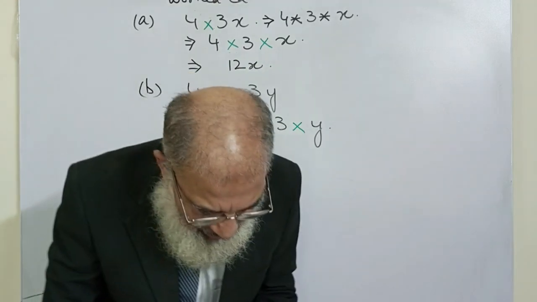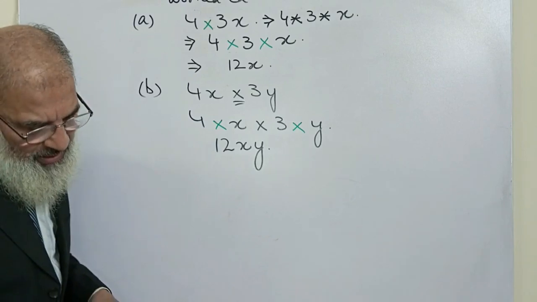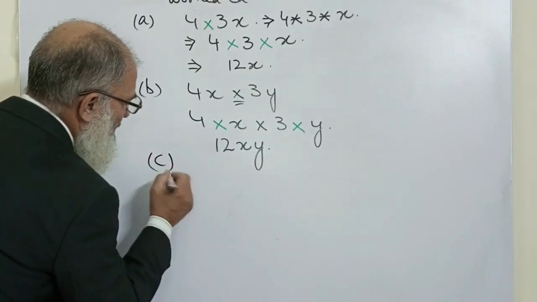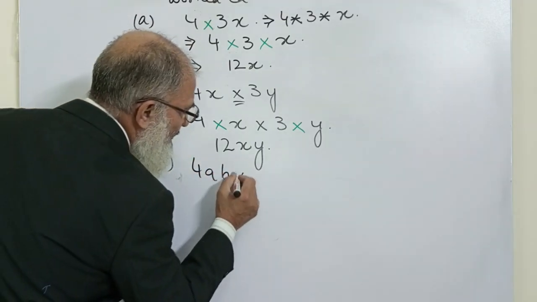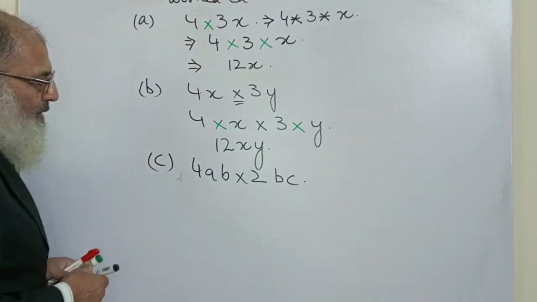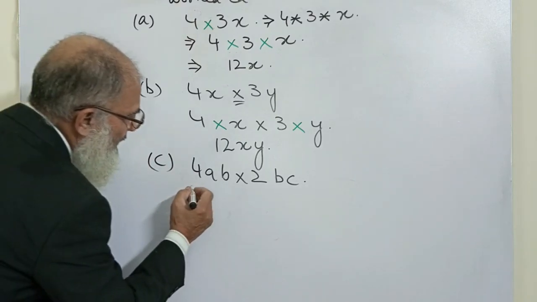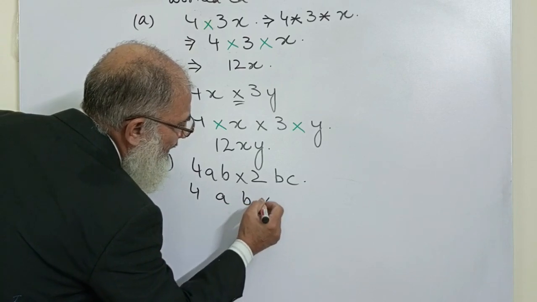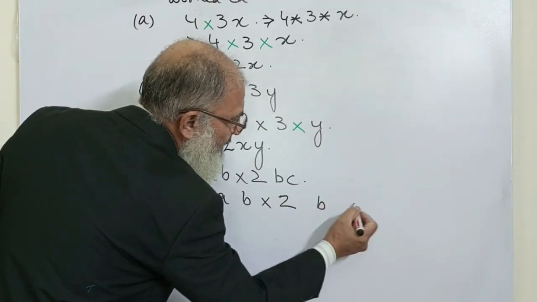Next question, 4ab multiplied to bc. Now again what we write here is 4ab and the given sign multiplied to bc.